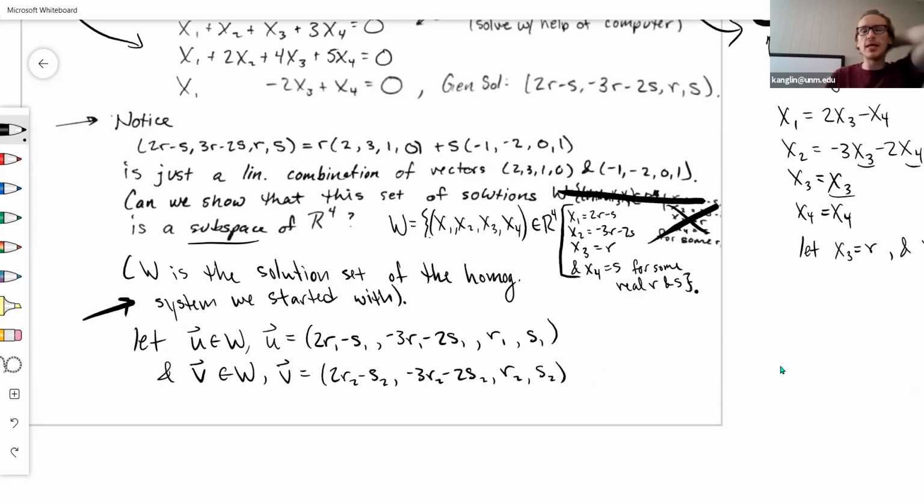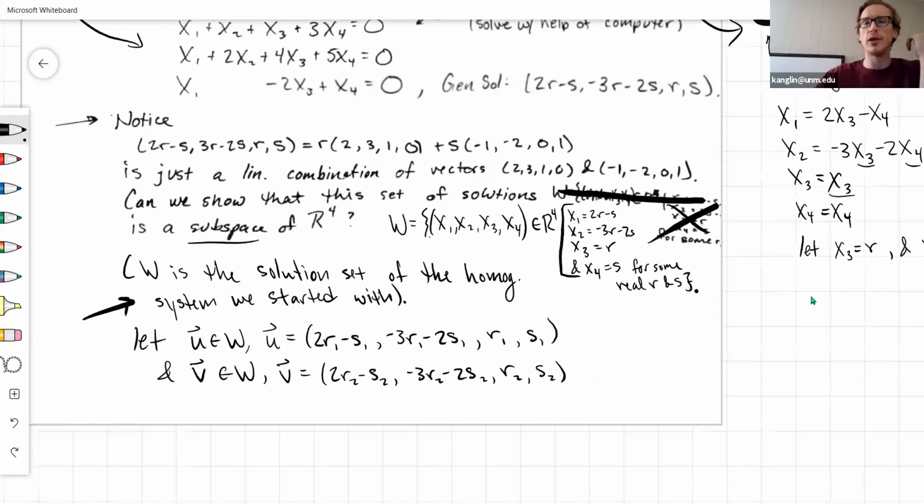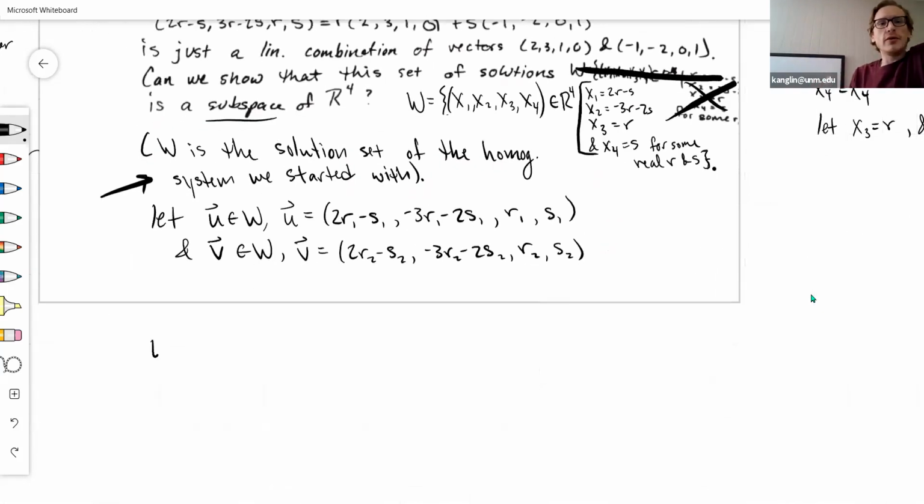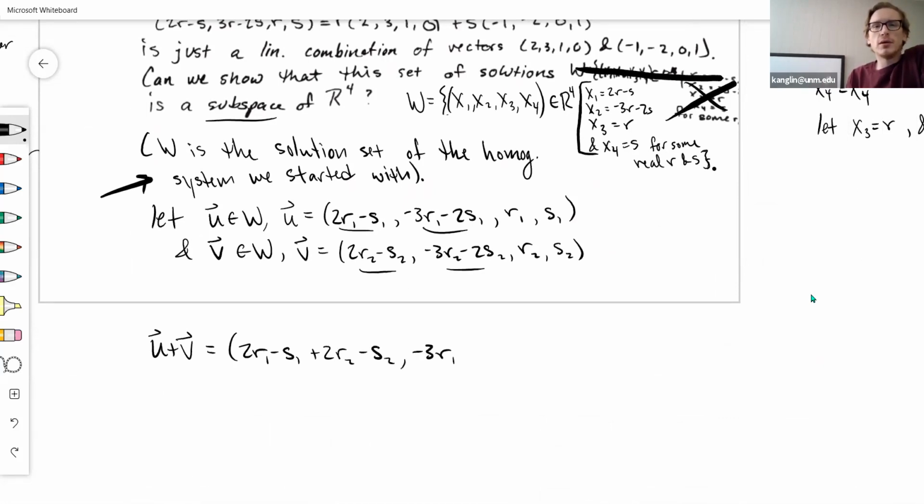So we have to add these together, and we'll see this comes together pretty quick. If we add these together, what do we have? Adding first components, second components, third components, and fourth.